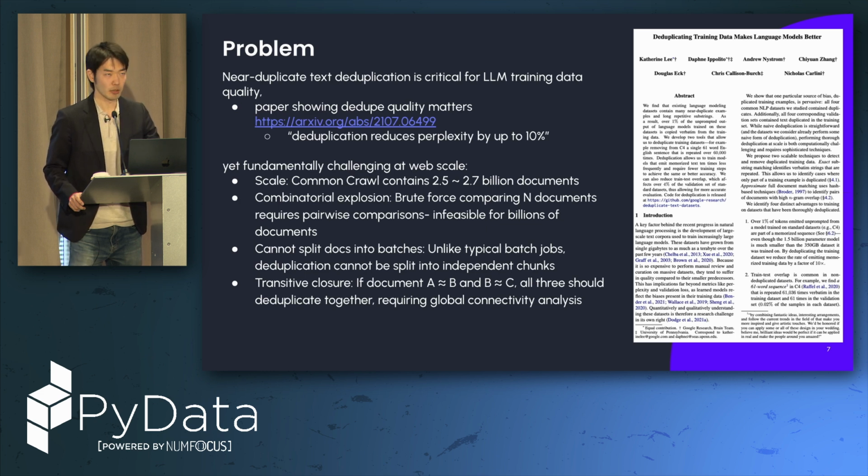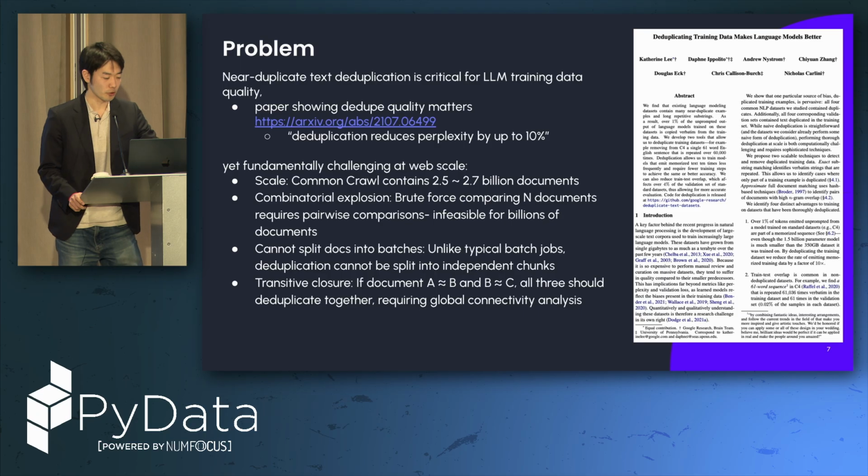The second is combinatoric explosion. If you try to compare n documents, that will require pairwise comparison, which is infeasible for billions of documents. Third is specific to near duplicate detection systems: you cannot split into batches, because if you run it in different batches, you're going to miss detecting 2 similar documents that fall under different batches.